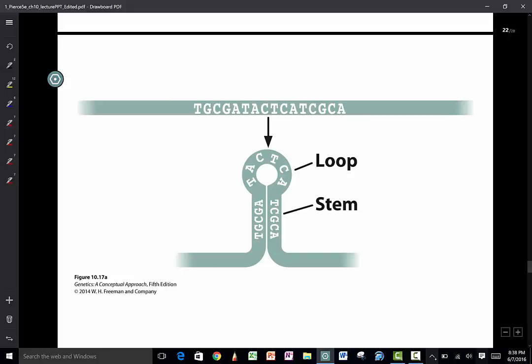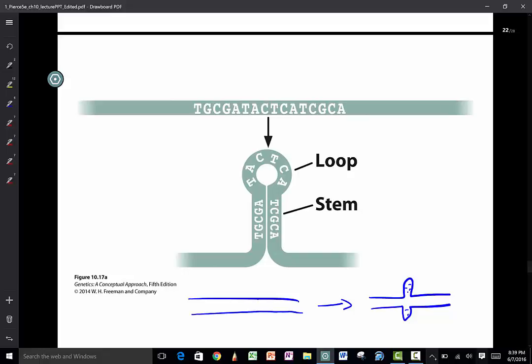Now this can even happen when DNA is double-stranded. RNA does it a lot more because it's single-stranded, but DNA can form loops like this if there's some kind of a repeat structure where it can loop back on itself and stick together. Sometimes you can have single-stranded DNA.